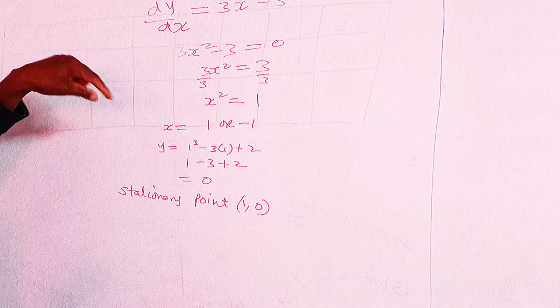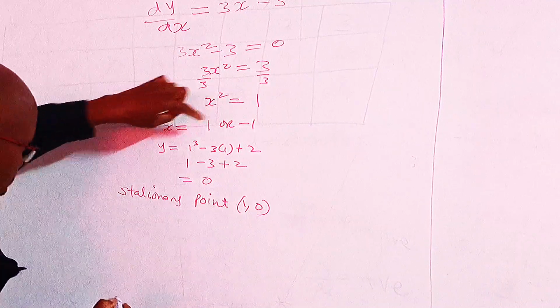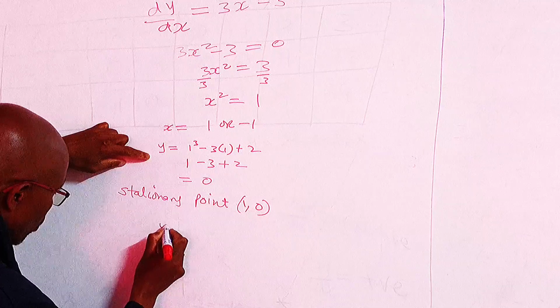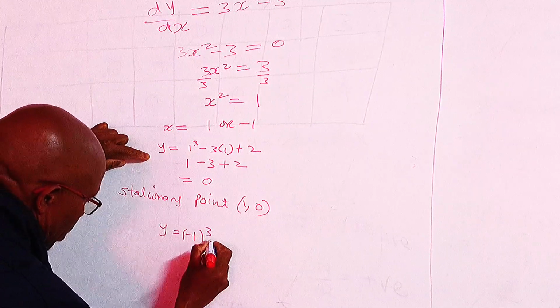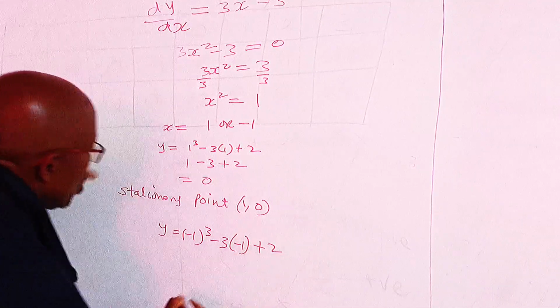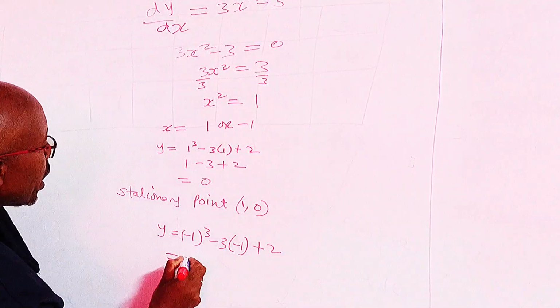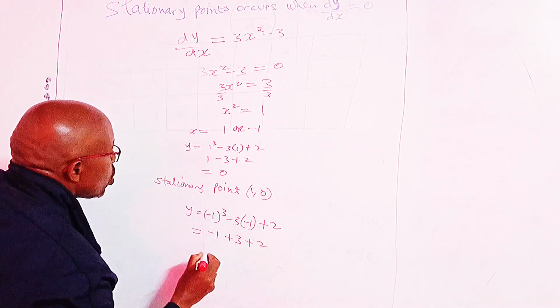Then you get the second stationary point when x is equal to negative 1. So when x is equal to negative 1, what will be the value of y? y will be equal to negative 1 cubed minus 3 into negative 1 plus 2. So this will be negative 1 plus 3 plus 2.